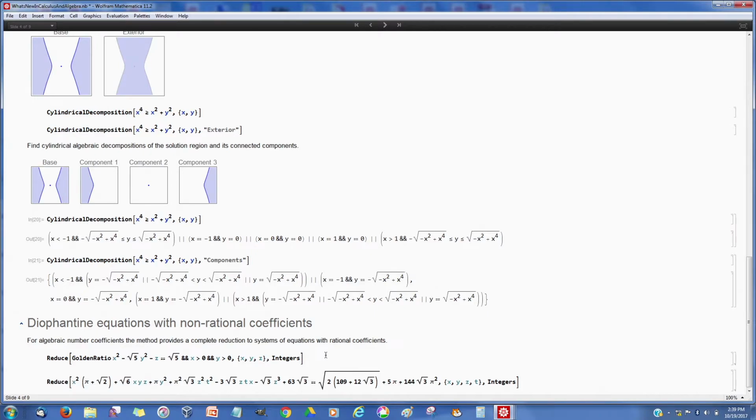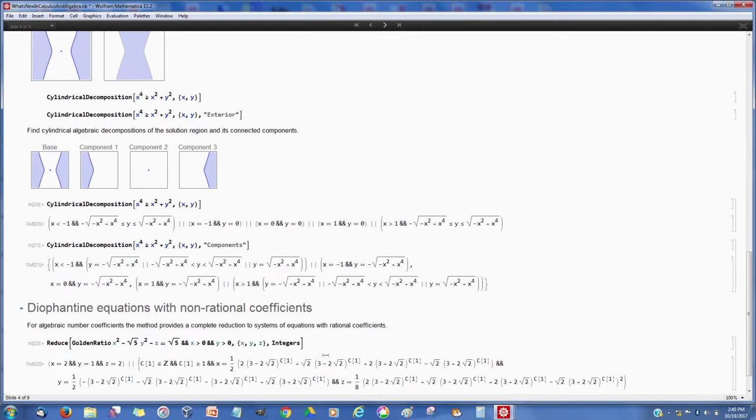Here we can now, since we have developed technology to decide whether some set of non-algebraic numbers is linearly independent over the rationals, use this to reduce a diophantine problem with non-rational coefficients to a system of problems with rational coefficients.